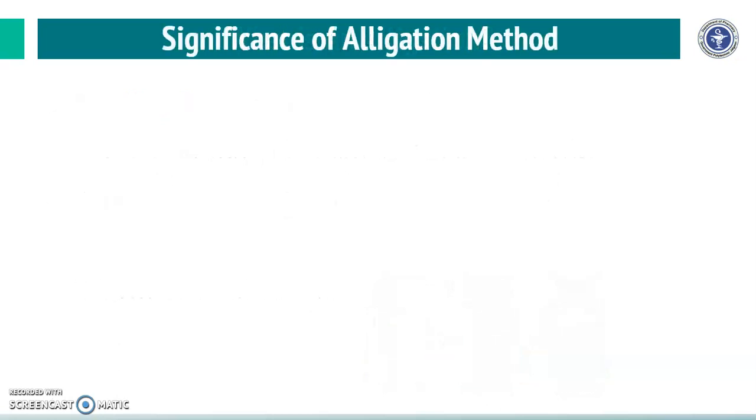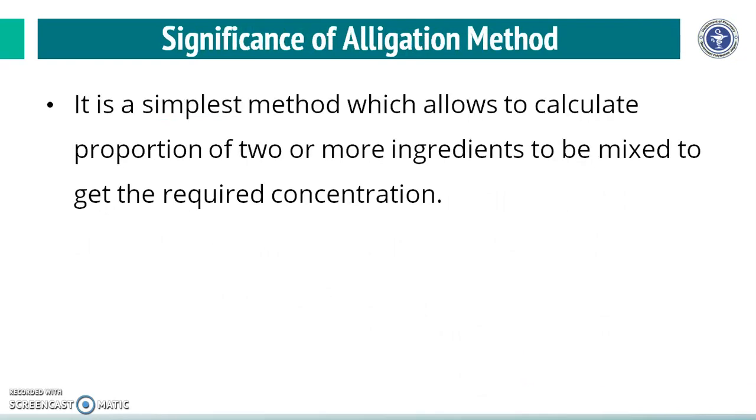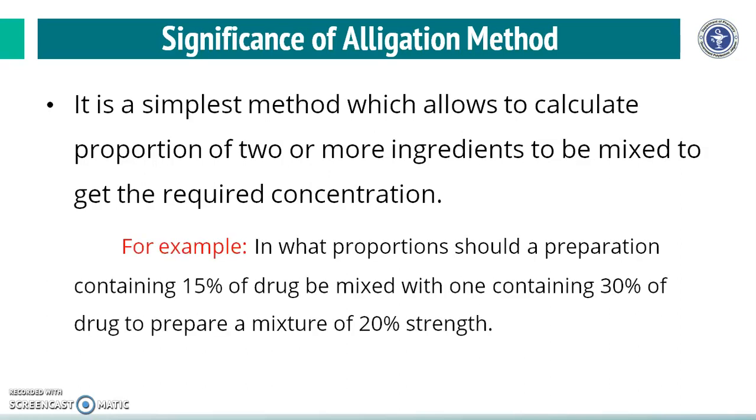Now let's go ahead to know what is the significance of the alligation method. The alligation method is the simplest method which allows us to calculate the proportion of two or more ingredients to be mixed to get the required concentration. For example, in what proportions should a preparation containing 15% of drug be mixed with one containing 30% of drug to prepare a mixture of 20% strength?